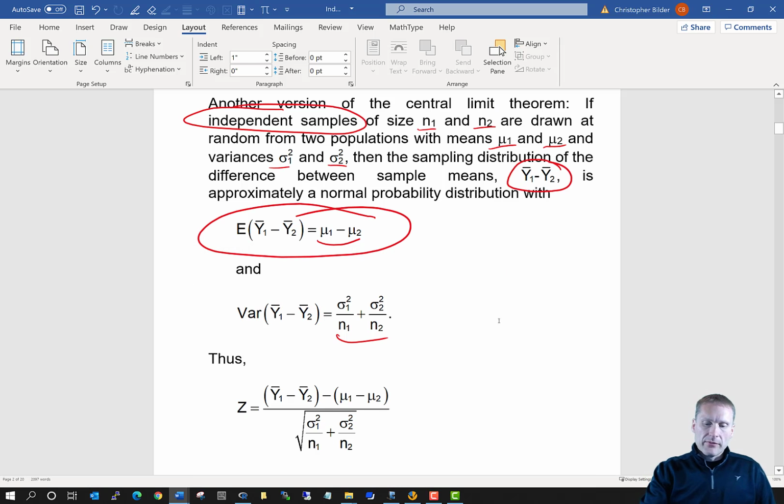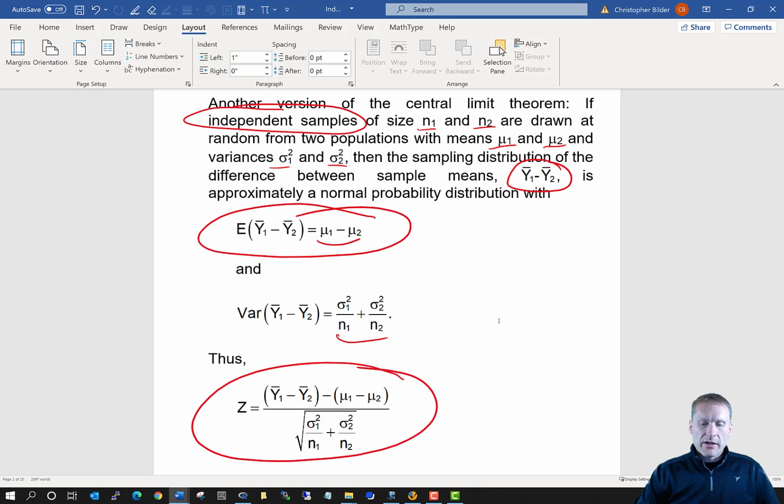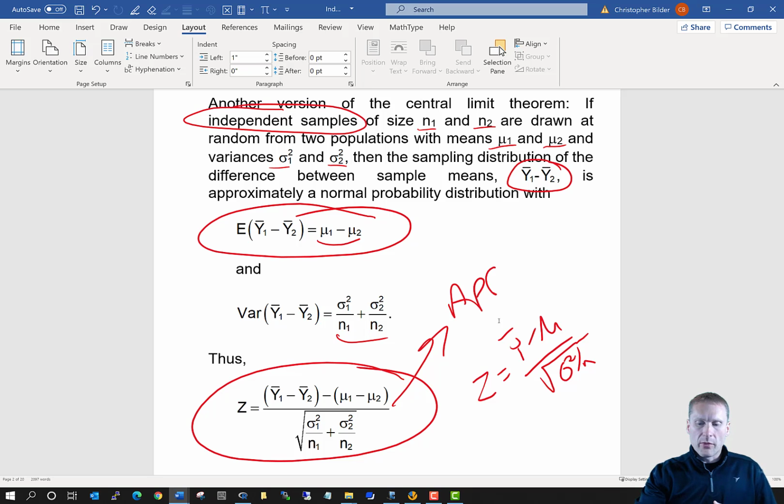So with that, this expression here, z, notice how it looks very similar to what we had when we only had one population mean. Now we have the difference of the two means, so we just put everything in the correct spot. This has then an approximate normal distribution, provided, of course, we have large enough sample sizes.